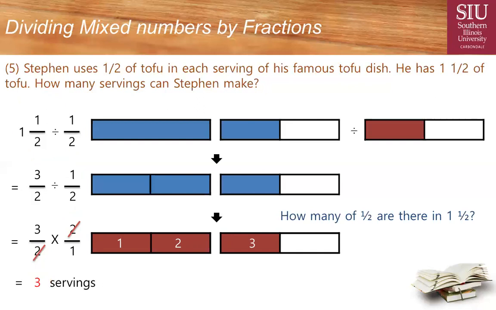Why? Because we answer the question, how many of this much we can find in blue. That's 1, that's 2, and that's 3. So that's why we have 3 servings.